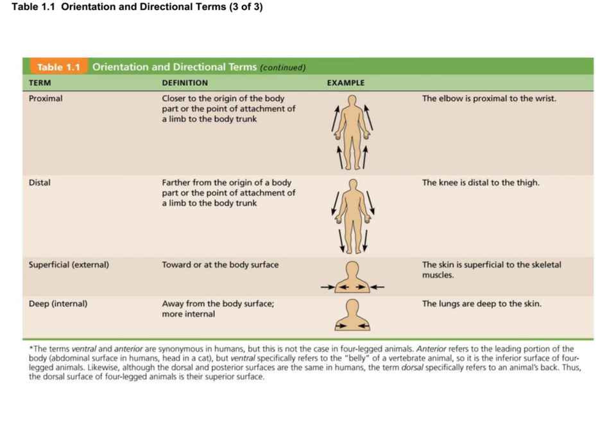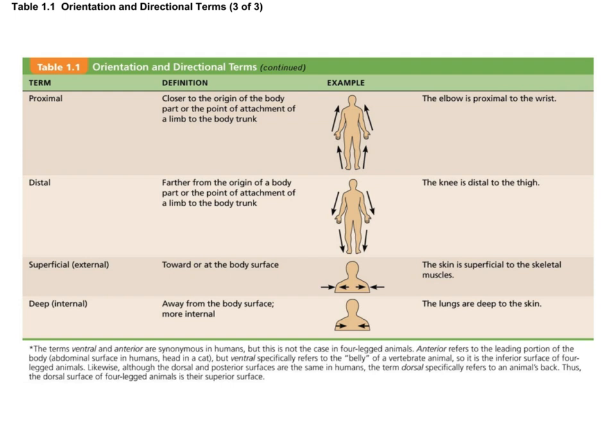I could use proximal and distal to compare my knee and my ankle, but not my knee and my belly button. So to use proximal and distal, you have to be comparing two structures that are on the same limb. So like my elbow is proximal to the wrist, or my knee is distal to the thigh.